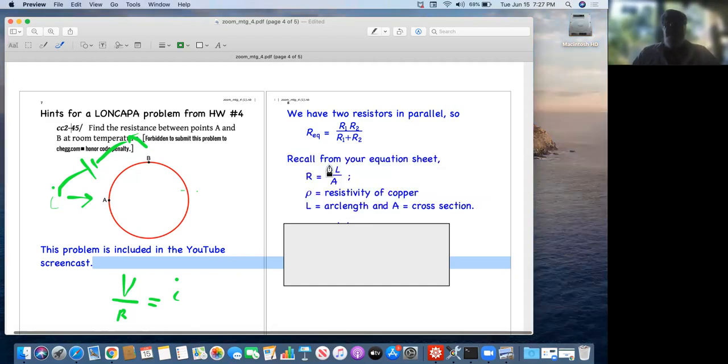Resistance of a wire is rho L over A, where rho is the resistivity. If we say this is a ring made out of copper wire, you need to know the resistivity of copper. I think in the textbook there's a table of resistivity, so you can look up the value of rho. Or you could do a Google search. You just search for resistivity of copper.